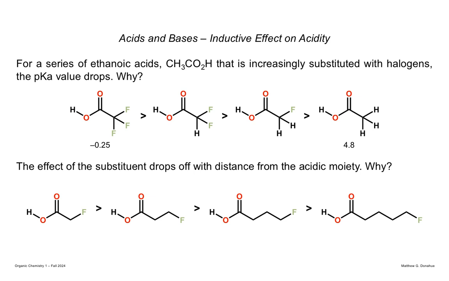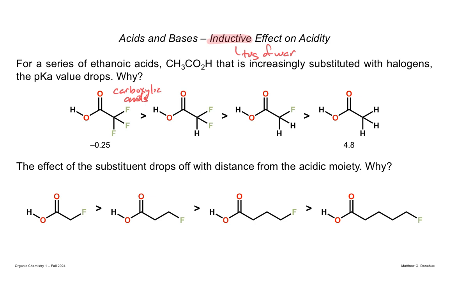So we previewed this topic last time, the inductive effect. So the tug of war with the rope, you have two sides tugging on each other. We saw that for this series of, again, a carboxylic acid is just CO2H.